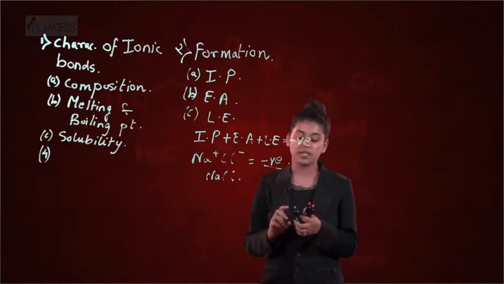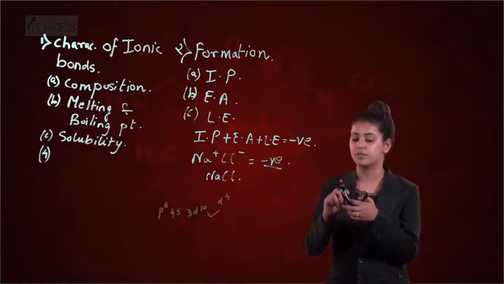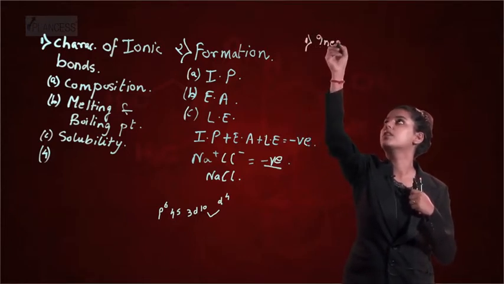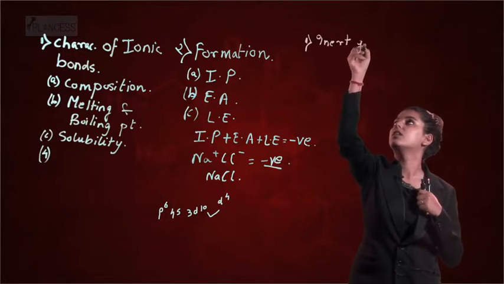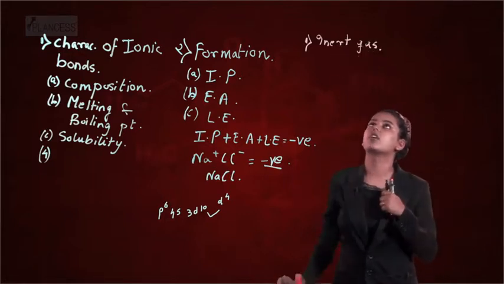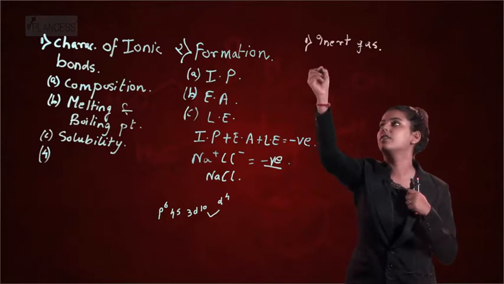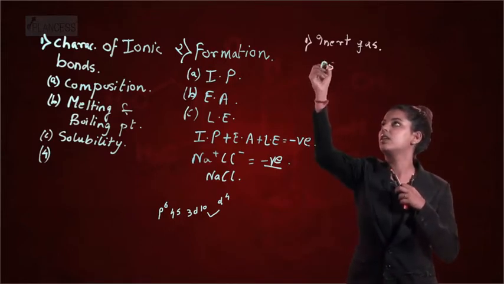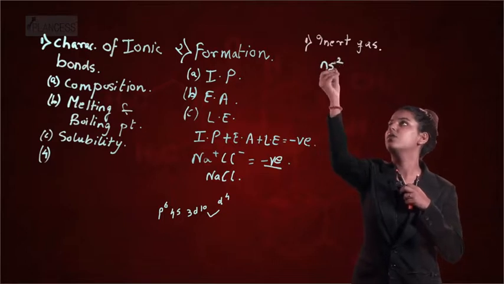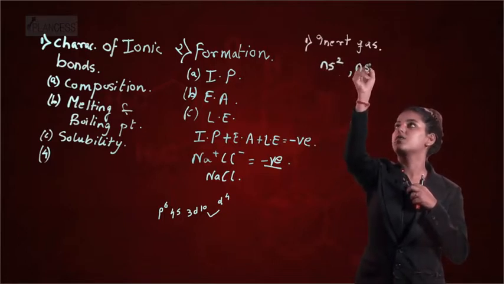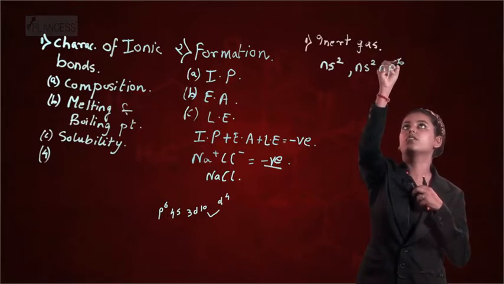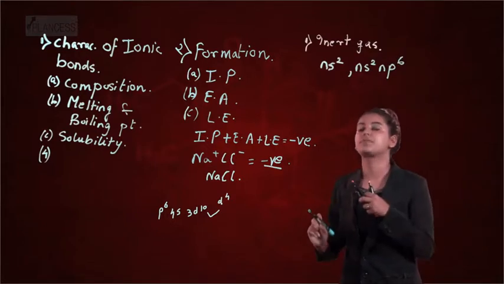The third topic is the different types of ions. Firstly, it is ions which are of inert gas configuration. Inert gas configuration means atoms having ns2 or ns2 np6 configuration of electrons in their outermost shell.